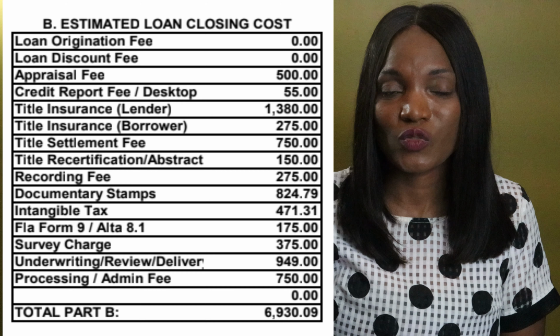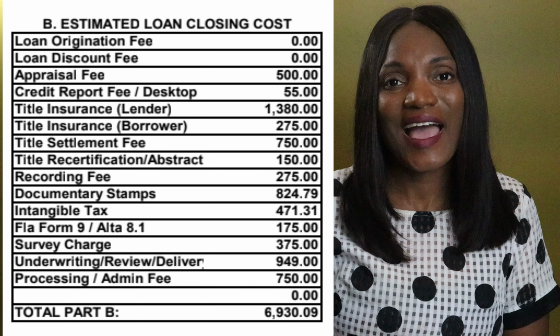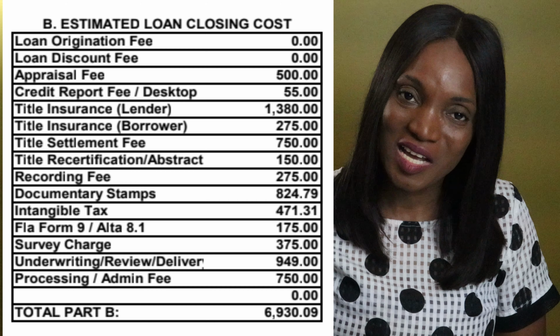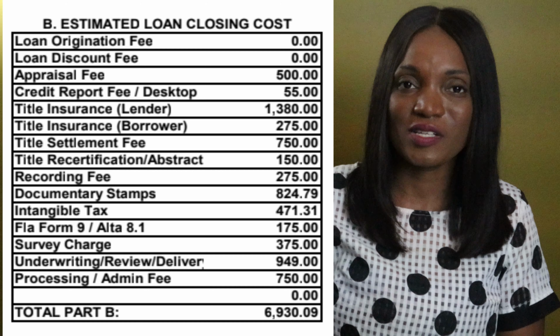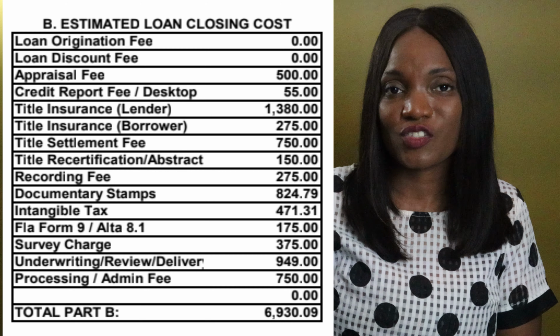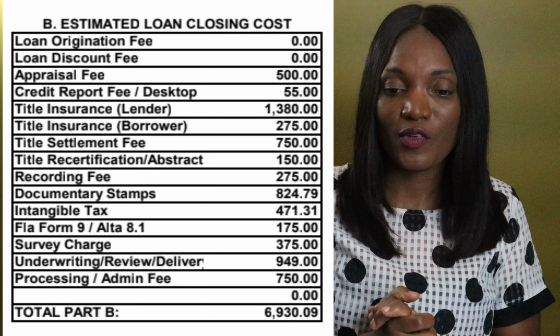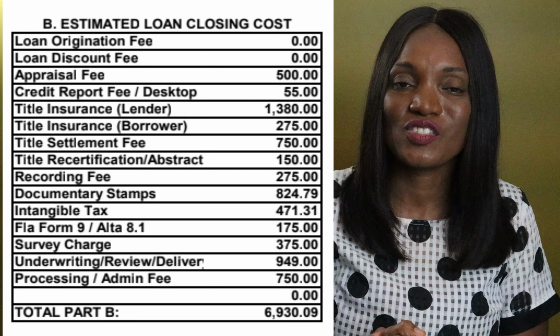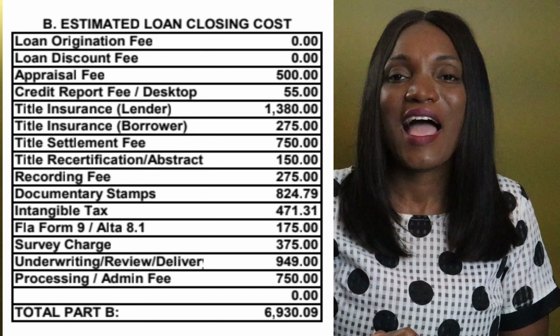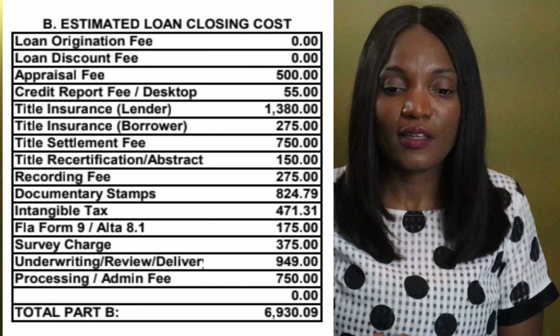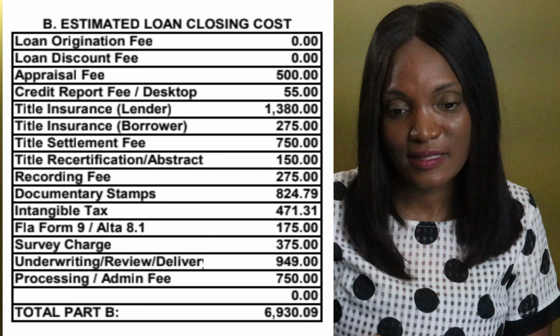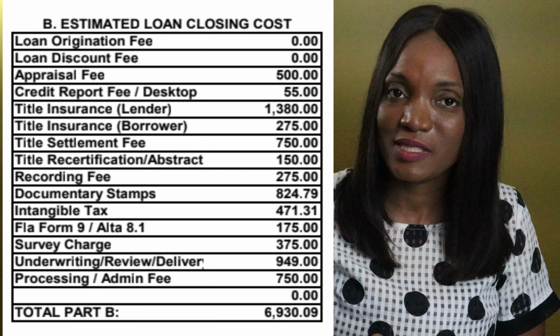The same thing goes when you're purchasing a property. And in Florida, in Broward County, where this home was purchased, the DocuStamp is actually 70 cents on the dollar. So we're seeing that the DocuStamp for this transaction is $824.79.